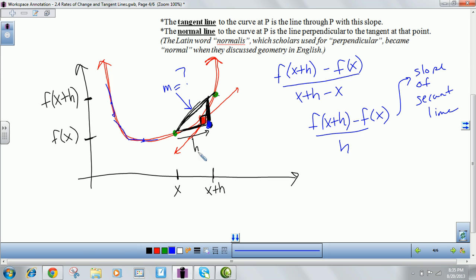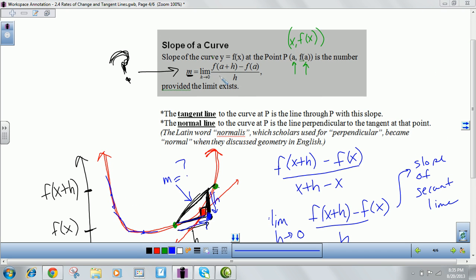So this h, we want to bring this in as close as possible, as close as possible here, and also here, so that h is approaching 0. So it's the limit as h approaches 0. Now, if you look up here, that's exactly what we have up here.